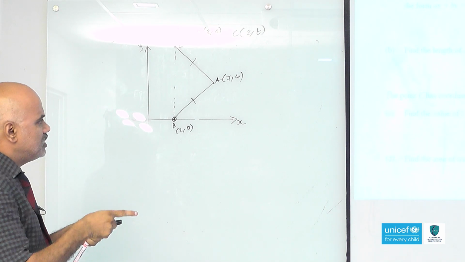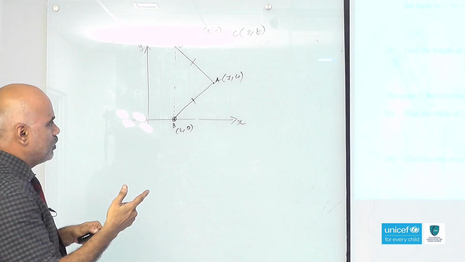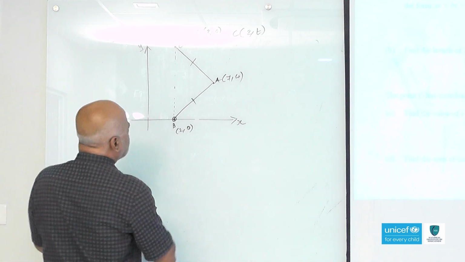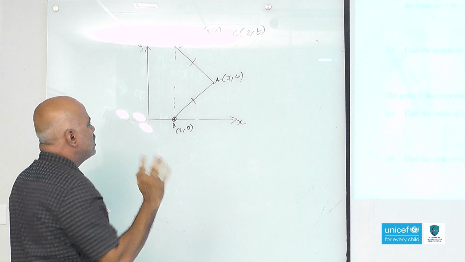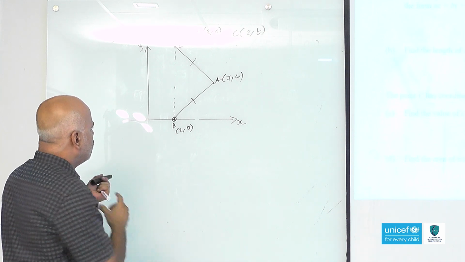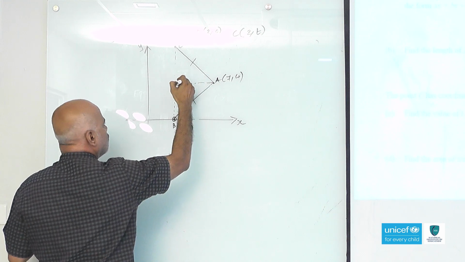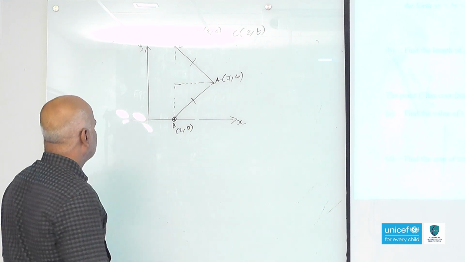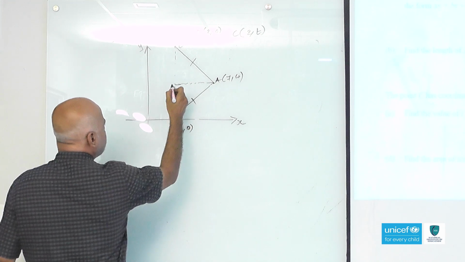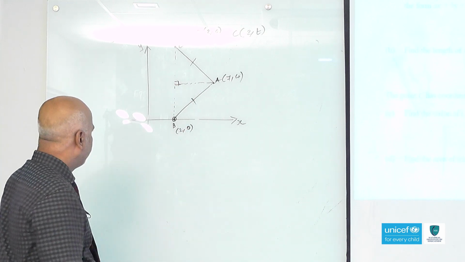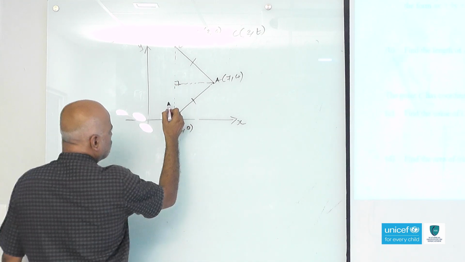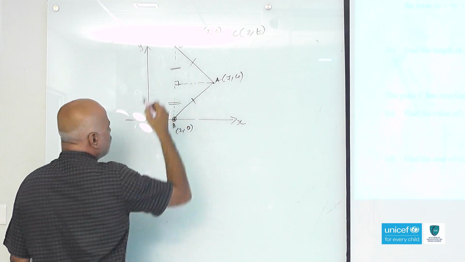Isosceles triangle in the sense that two sides are equal. After that, will two equal sides give any shortcut idea? No. You try to draw the perpendicular bisector from A to the opposite side. This would be the perpendicular bisector, which means this length and this length would be equal.